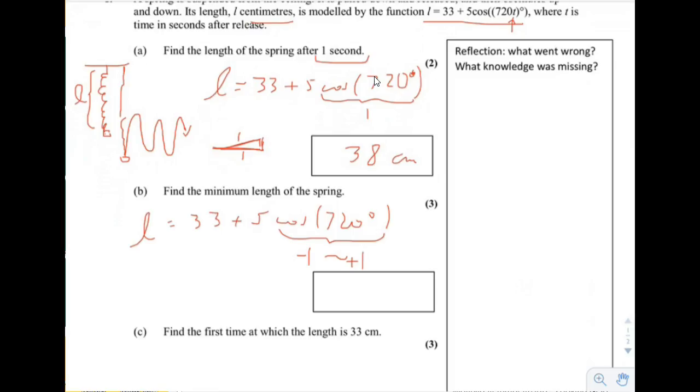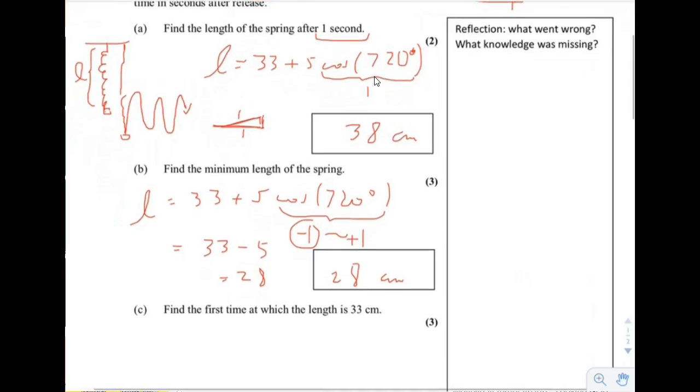So to make the length minimum, you would make cosine -1, right? So that would be 33 minus 5, because 5 times -1, which is 28. Okay, so the minimum length of the spring would be 28 centimeters.